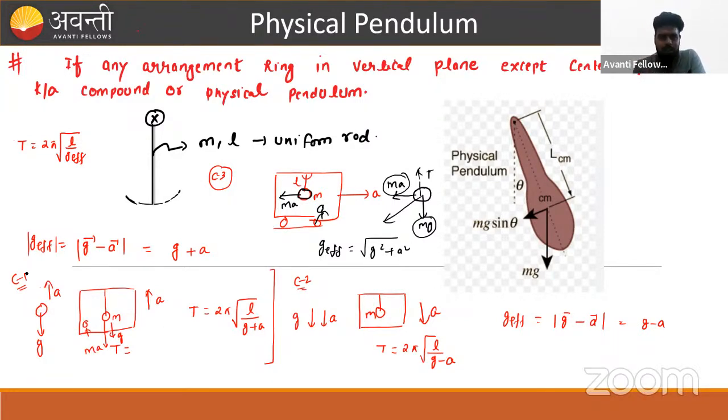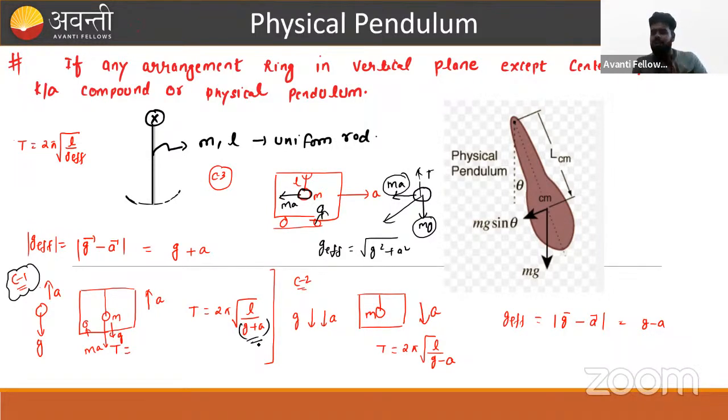If we see case 1, we already discussed case 1. We can say here the lift is accelerating in the upward direction. So where is the pseudo force acting? In the downward direction. One is mg downward, another is ma downward. Then what is the net acceleration? We can say g plus a. So here the net g effective is g plus a.